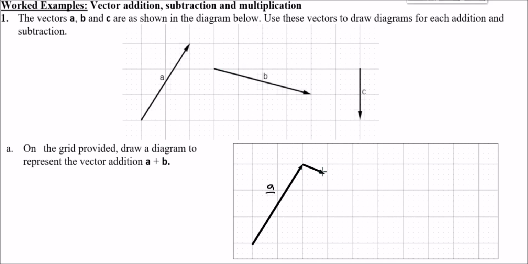So starting at B over here, B, as you can see above, goes 4 along, 1, 2, 3, 4, and 1 down.